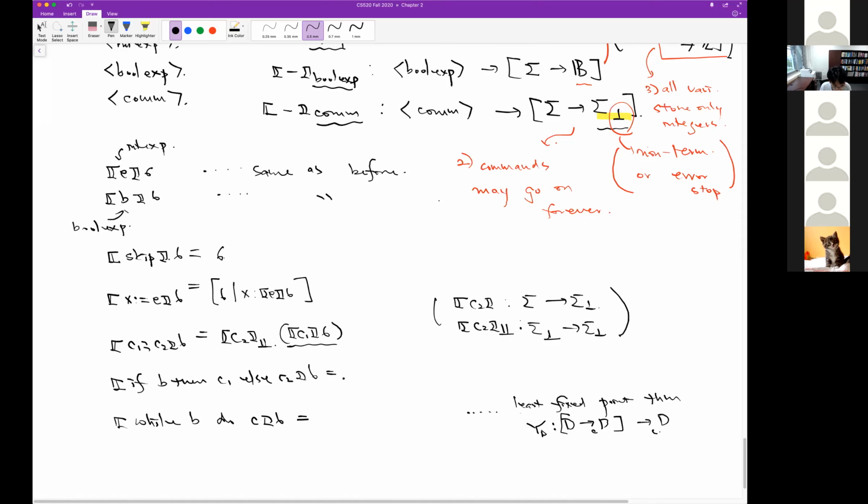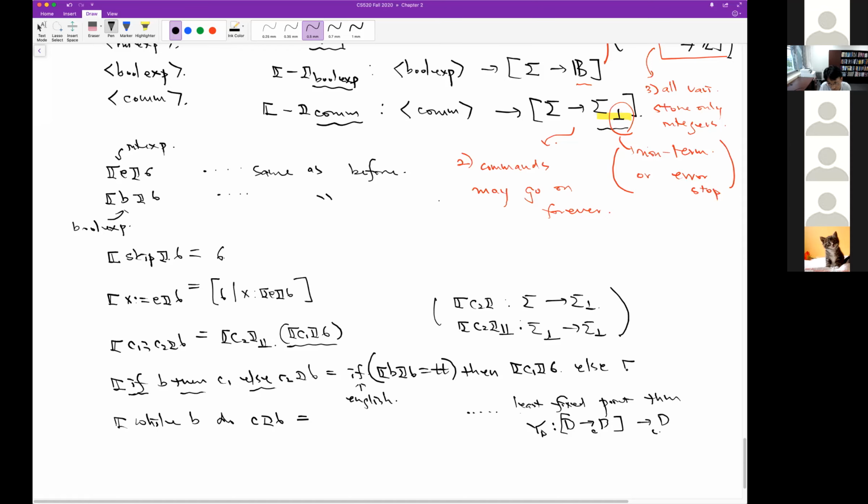And then the third one is essentially if then else means if then else. So here, this if then else is from the syntax. I mean, this is from the English. So if B sigma is equal to true, then the output state or bottom is going to be determined by execution of C1.